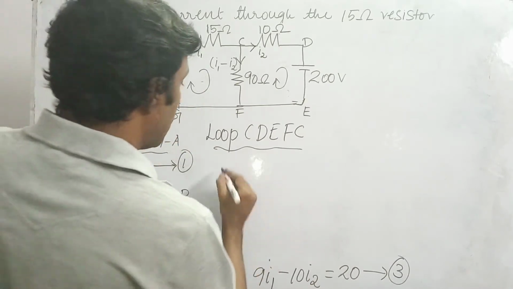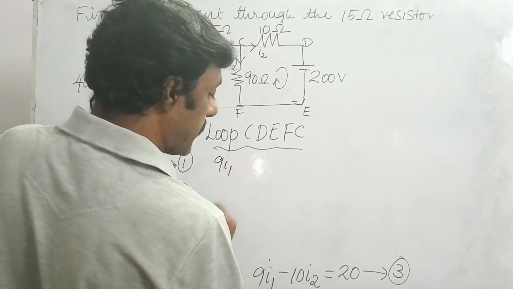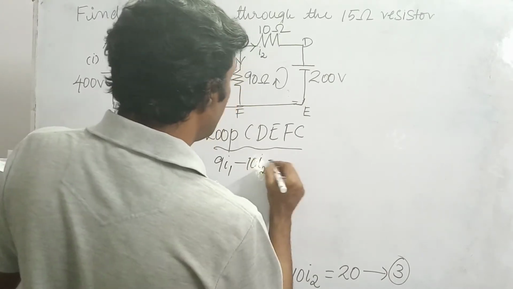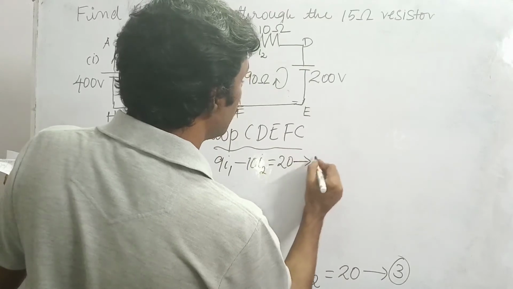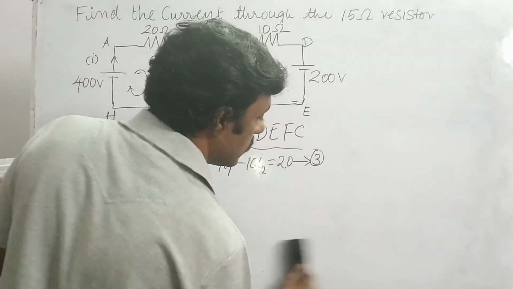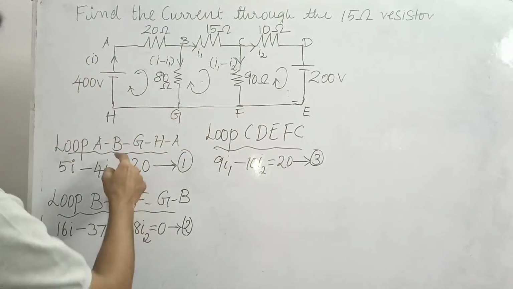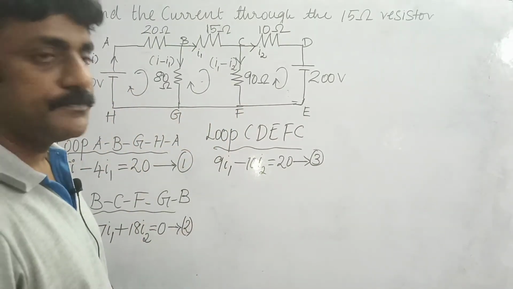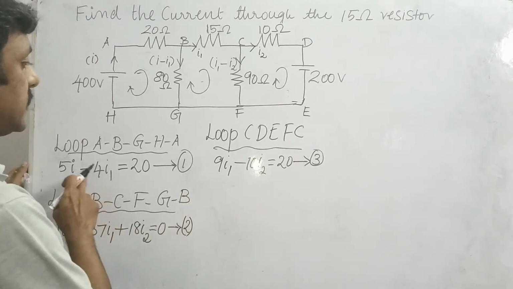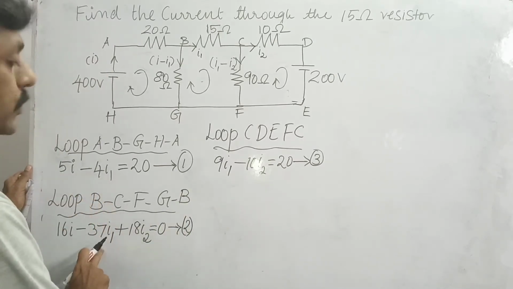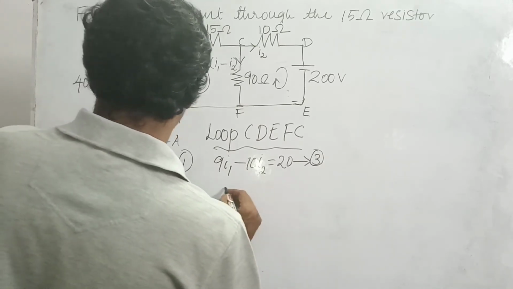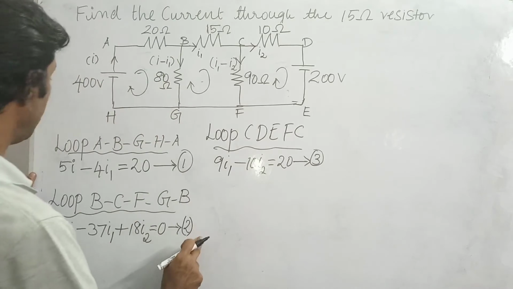So 9I1 minus 10I2 equal to 20. This is equation number 3. So I got 3 sets of equations here. Now what I am going to do is consider the first equation and the second equation.